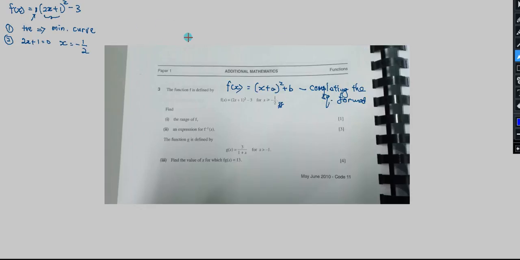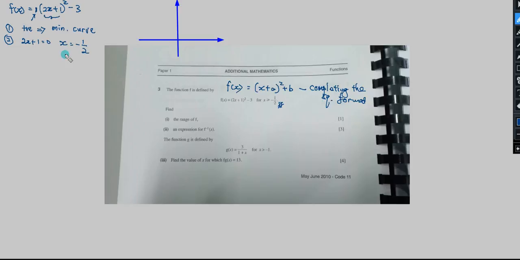Let's do a simple plot over here. Wait, I think it's better to do it over here, which makes it easier. Now, what is the significance of x equal to minus half?